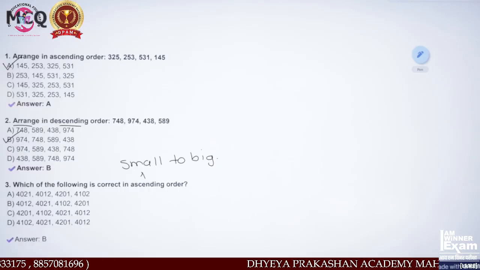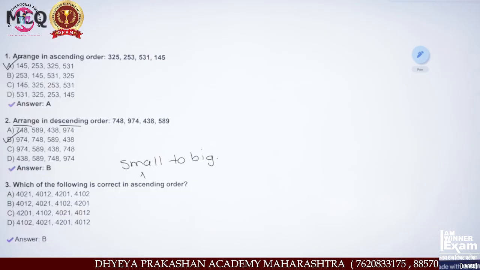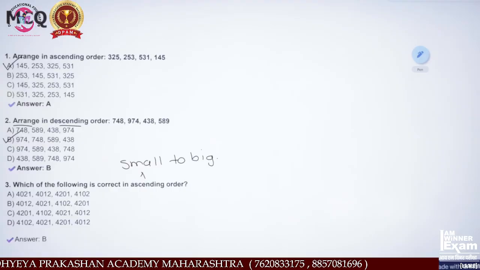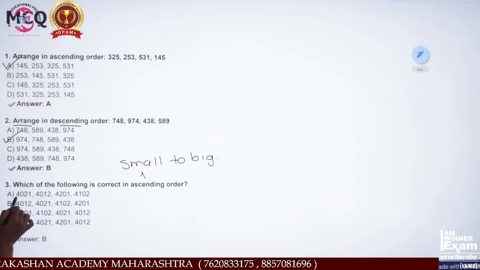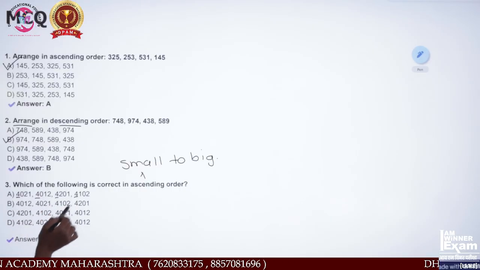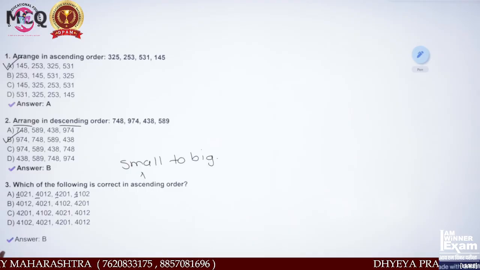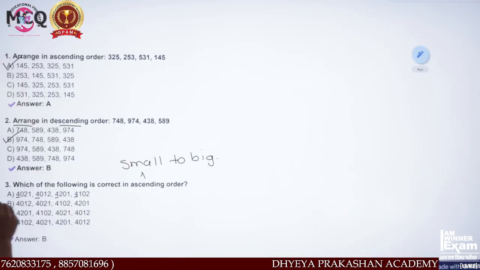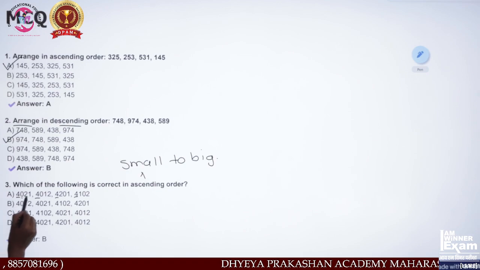To identify whether option A is in ascending order, first we compare the first digit, and as you can see, all first digits are the same. Then we move on to the next digit, that is 0.